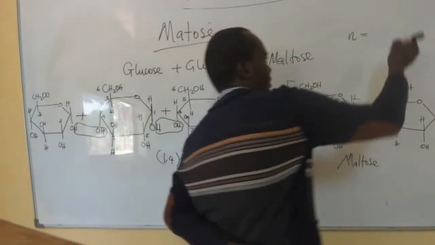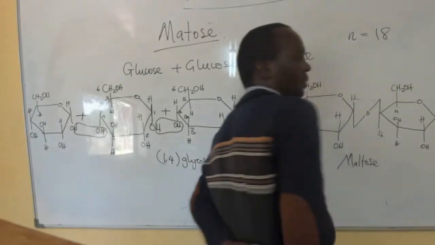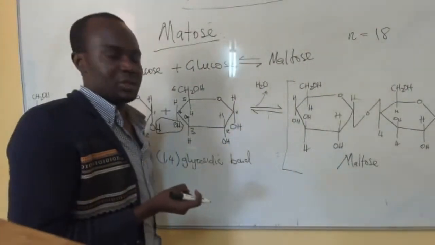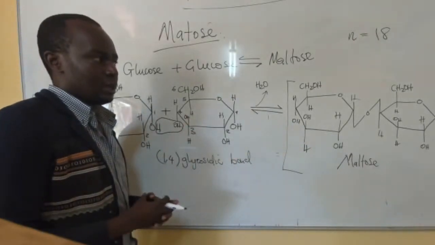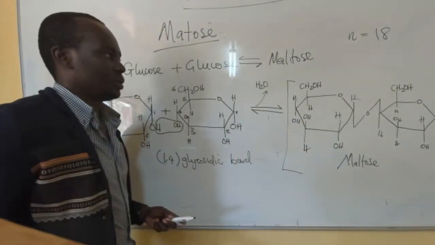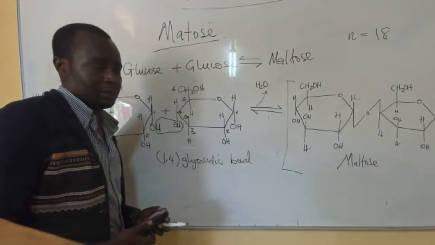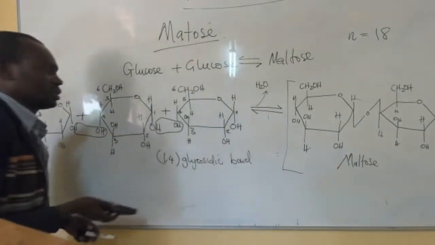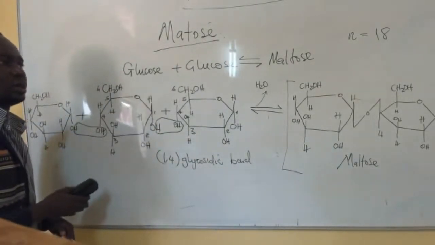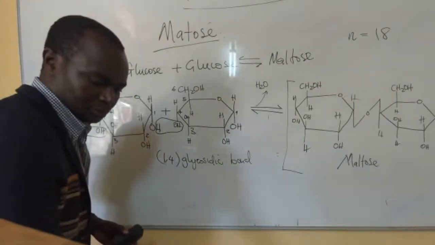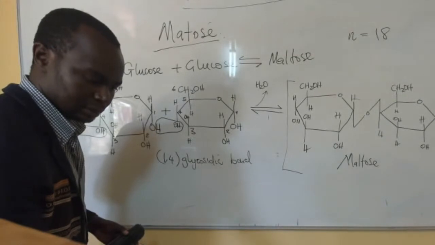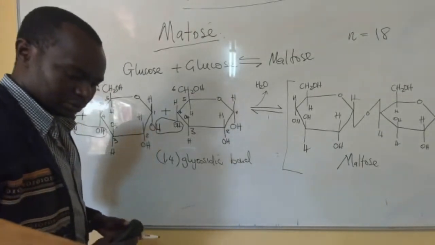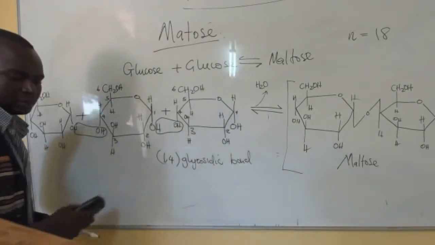N can be 18, can be 20, can be 50. That's how you illustrate condensation reaction when it is asking you to talk about formation of polysaccharides. But in the case where disaccharide formation is involved, just two residues are enough. Okay, I hope that one is clear. Alright, we can go to the next question.